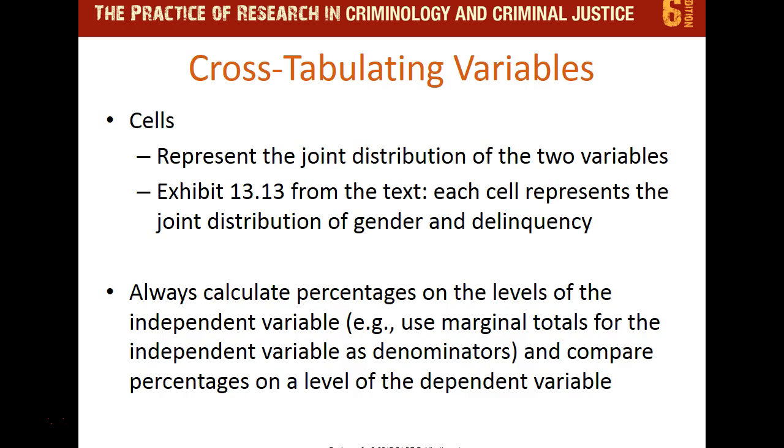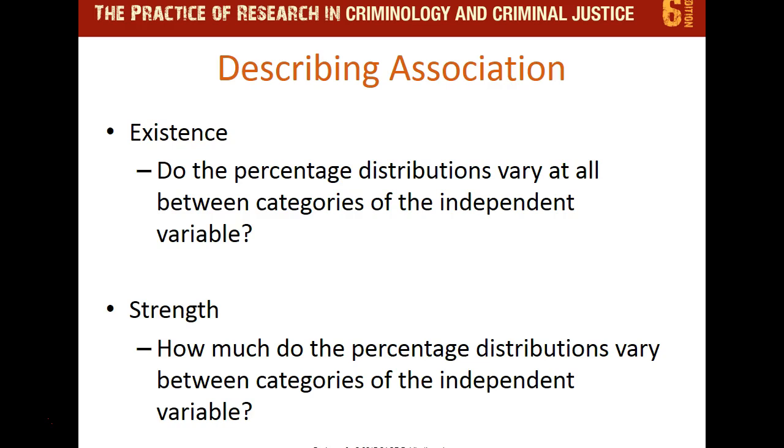So within our crosstabs, we have our cells. They represent the joint distribution of the two variables. So within your text, you'll see your cells where they represent the joint distribution of gender and delinquency. So you're looking at two variables and that distribution. That's what you need to remember. When you are describing association, you want to look at the percentage of distributions.